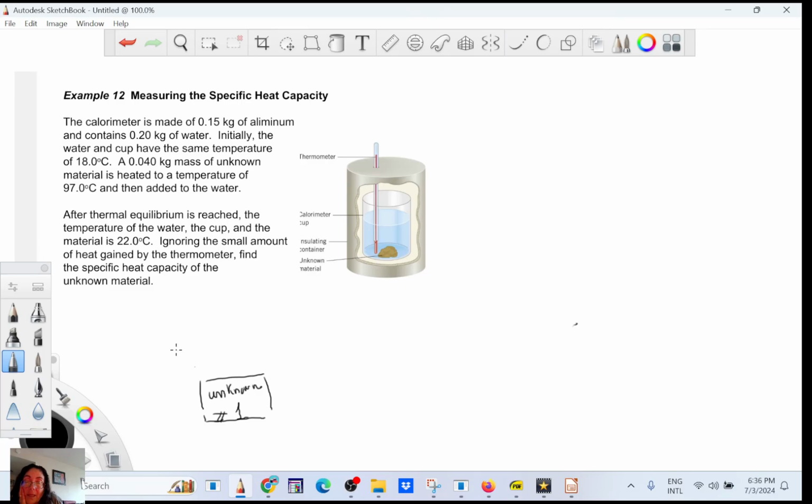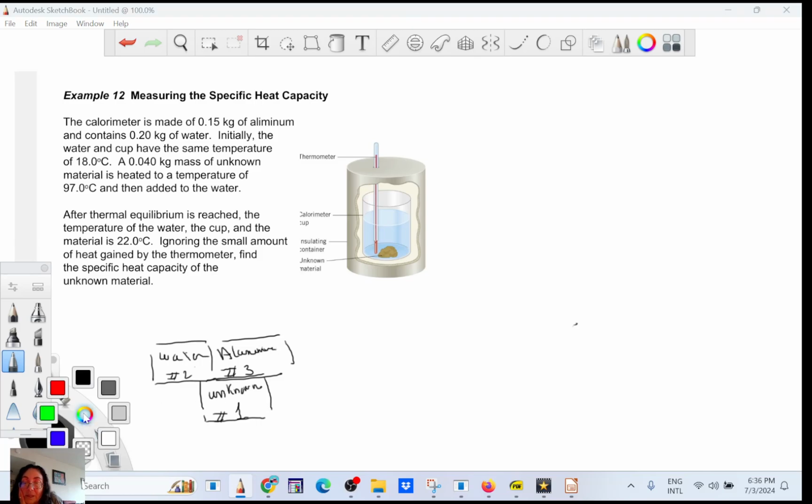Then here you have system number 2, which is your water, and you also have the cup, system number 3, the aluminum.